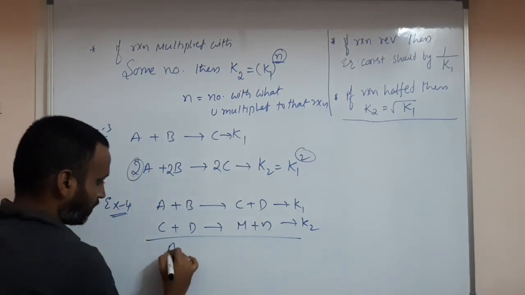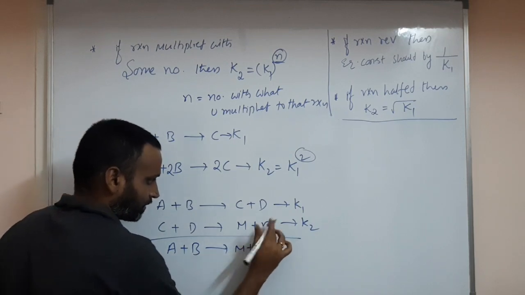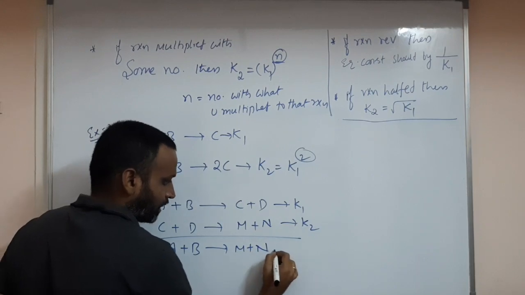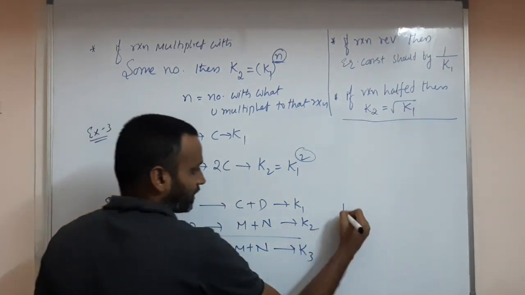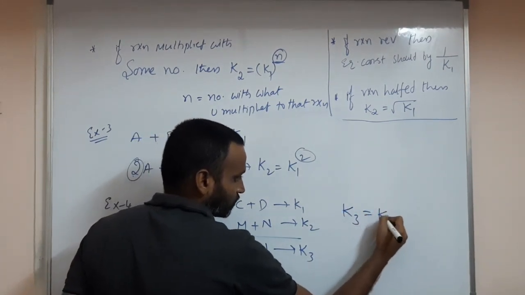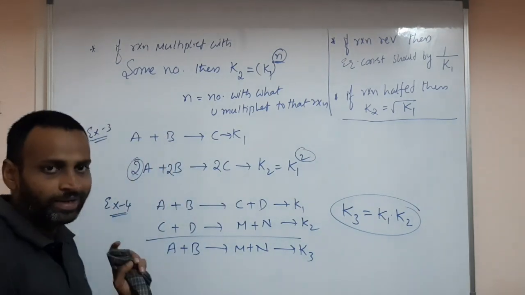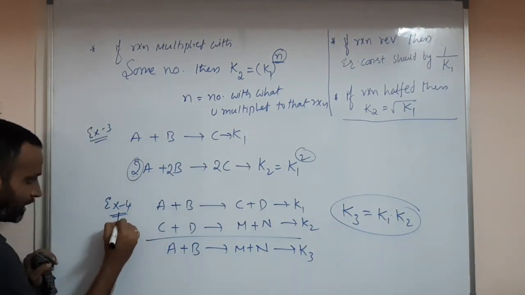Then A plus B gives rise to M plus N, for this K3. What is K3? K3 is equal to K1 into K2. Remember this, these points are very important.